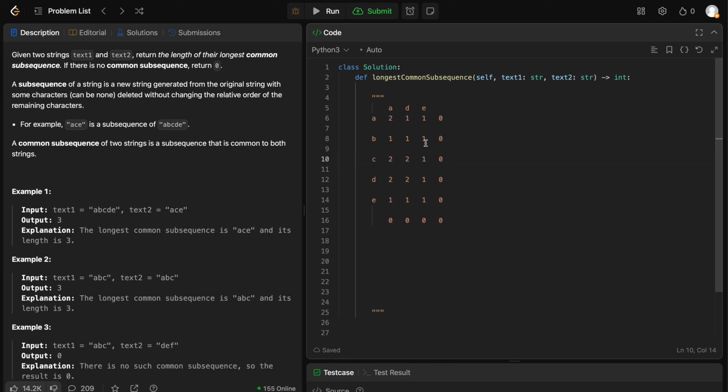Now here we have again 1, we have 2 here, 2 here, and in the last row we have 1, we have 2 here, and we have 1 plus diagonal here.